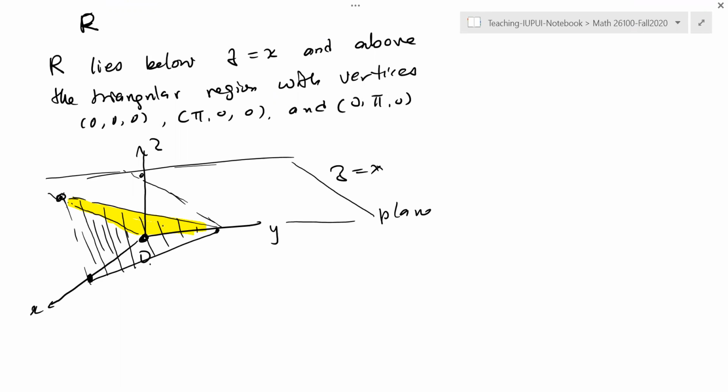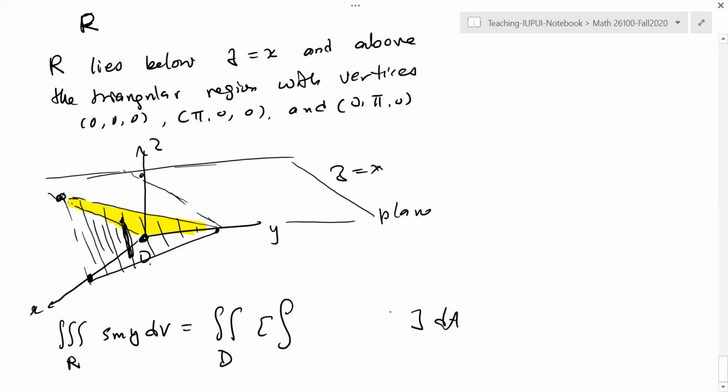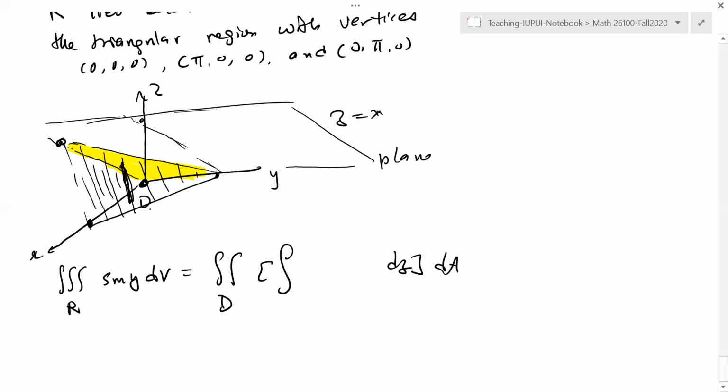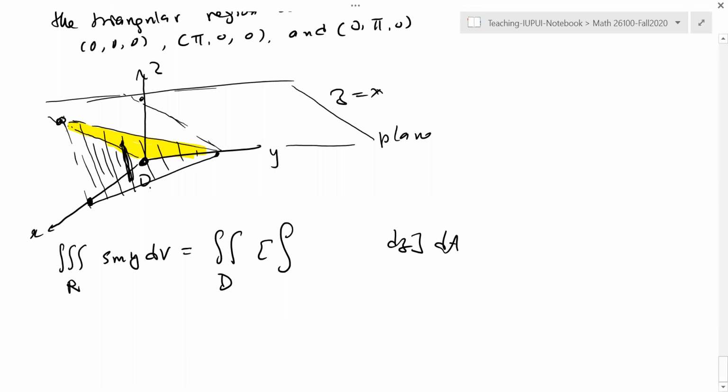The question is how do we set up the iterated integral? What I'm trying to do is use a vertical line to occupy this whole region. So for this triple integral of sine y dV, I'm going to set up integrals like this: the double integral over D with dA, and the inner integral is dz.